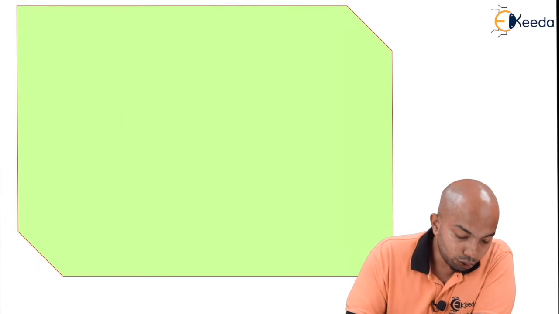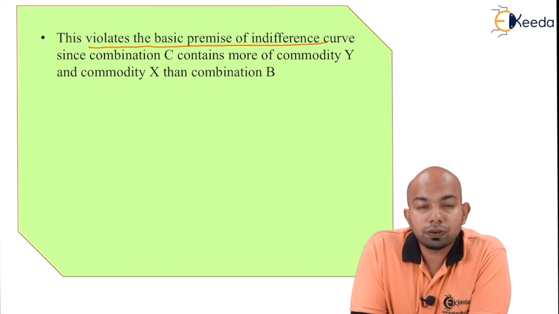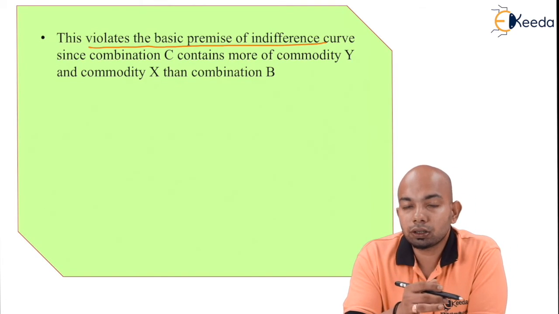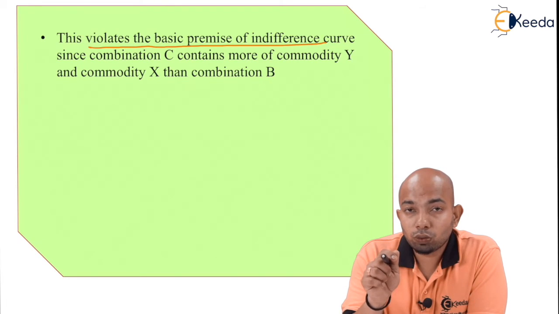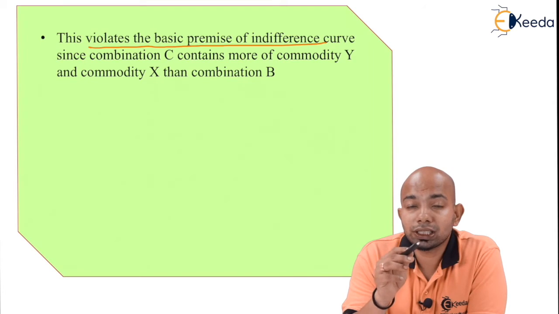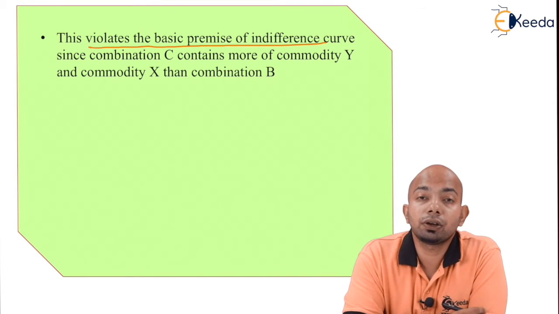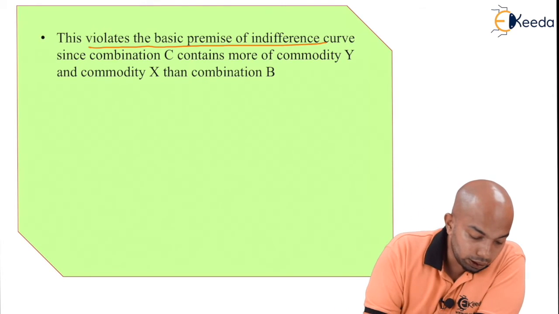Now, let us go on to the next part. This violates the basic principles of the indifference curve. If two different indifference curves are there, a point on one curve and a point on the other cannot yield an equal level of satisfaction. It would make the law of indifference curves absurd.